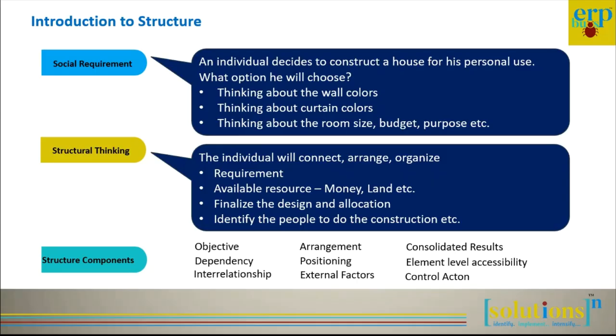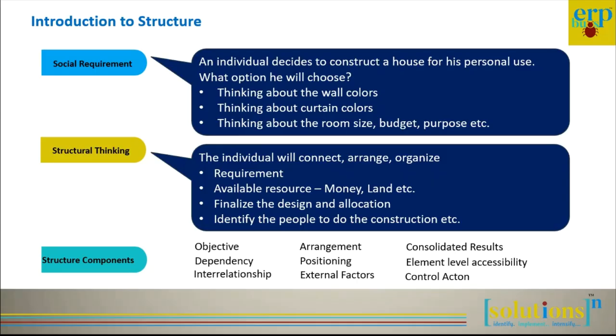Then he will identify. So it goes in a structural way to accomplish the objective, which is nothing but a social objective. But if you think what an enterprise is having as an objective, it is entrepreneur thinking. So the structure has a lot of dependencies like objective, dependency, positioning, external factors, arrangements.